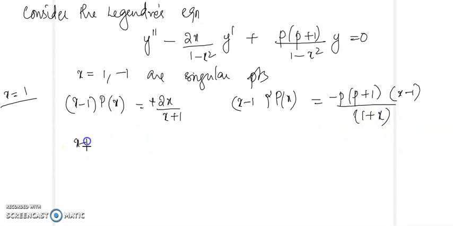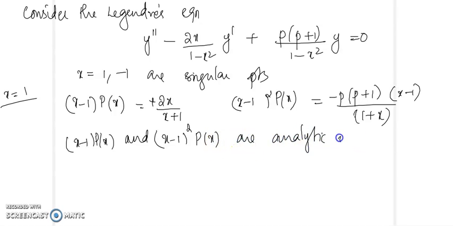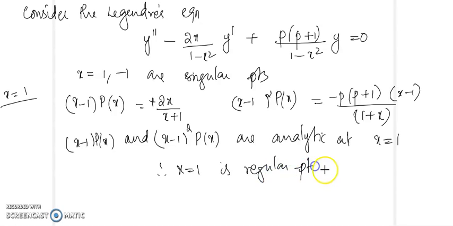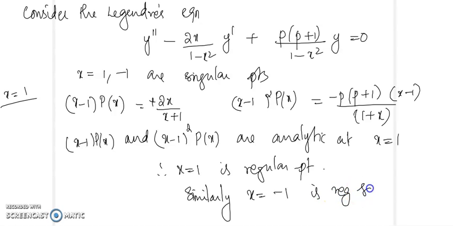So x minus 1 into p of x and x minus 1 whole square into q of x are analytic at x equal to 1. Therefore x equal to 1 is a regular singular point. Similarly, if you take x equal to minus 1, you will get the same result, so x equal to minus 1 is also a regular singular point.